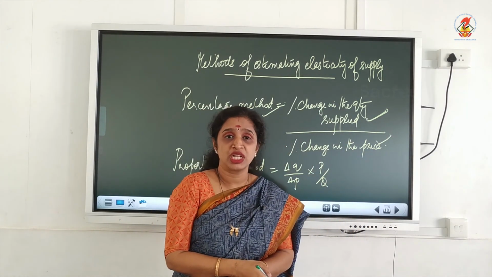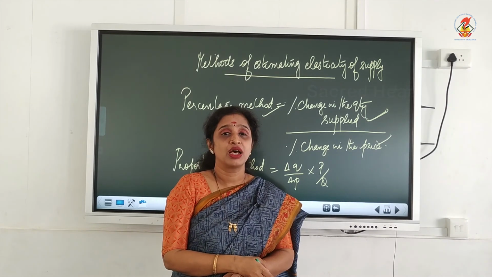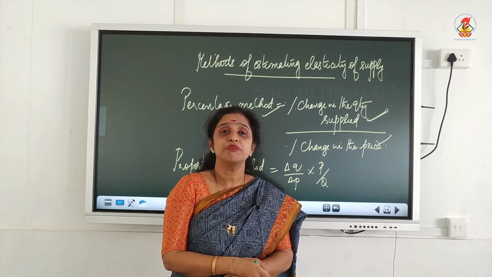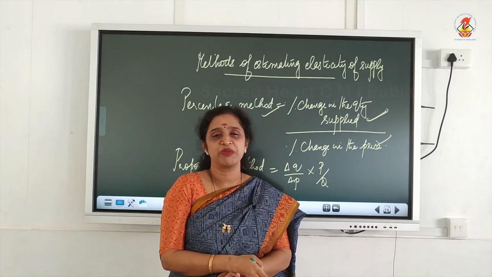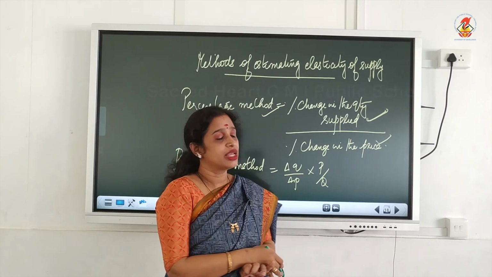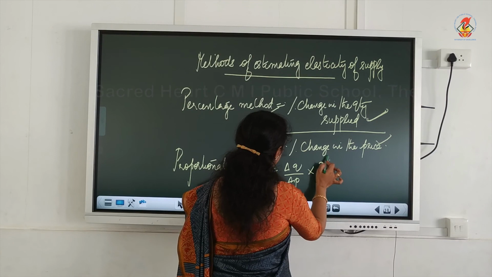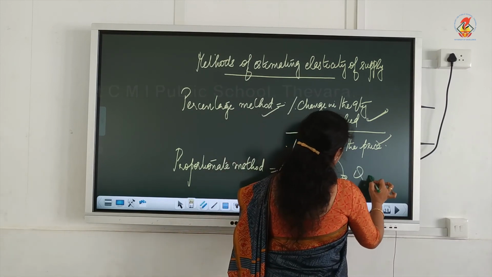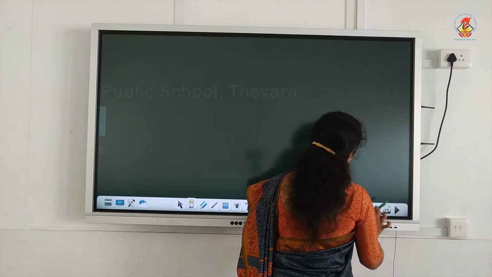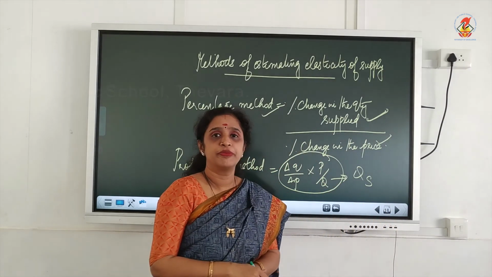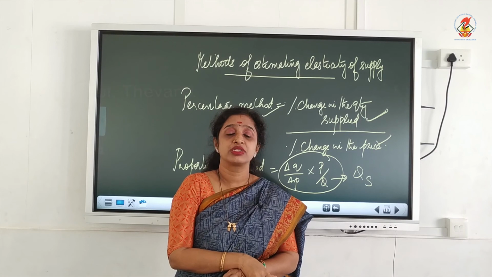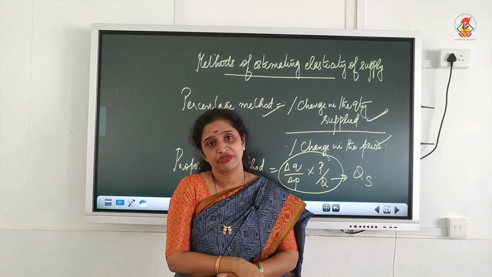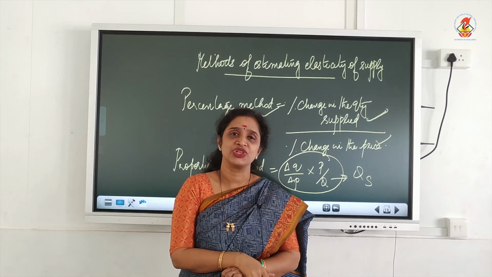Therefore, in the percentage method, we find elasticity of supply with the formula percentage change in the quantity supplied by percentage change in the price. And in the proportionate method, it is delta Q by delta P into P by Q, where Q represents the quantity supplied. So, this is with regard to the 5 degrees of elasticity of supply and the methods of calculating the price elasticity of supply.